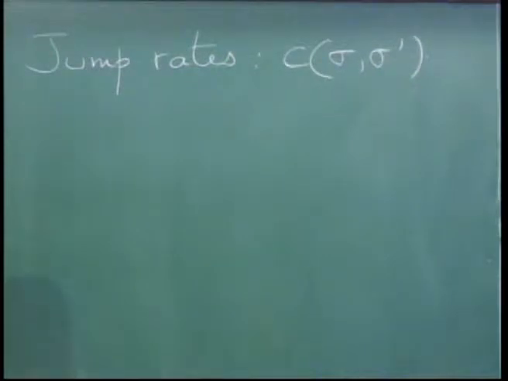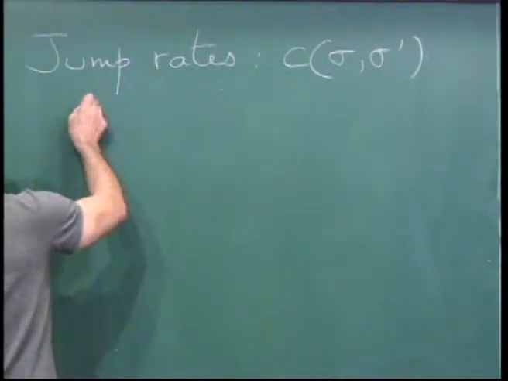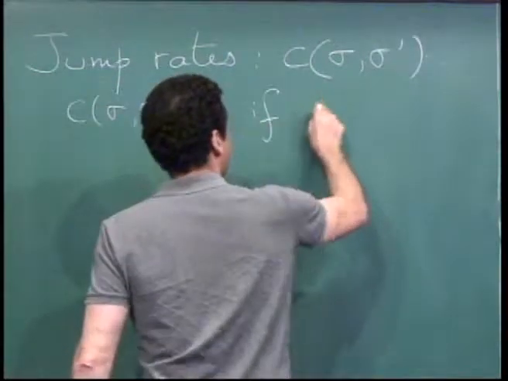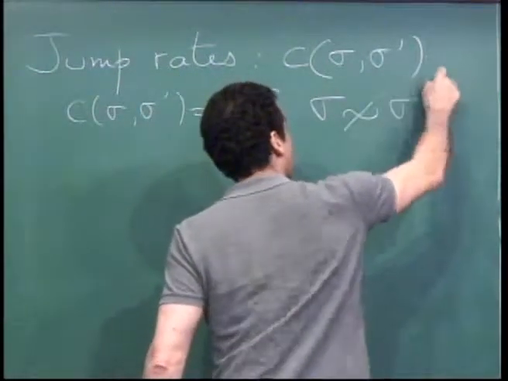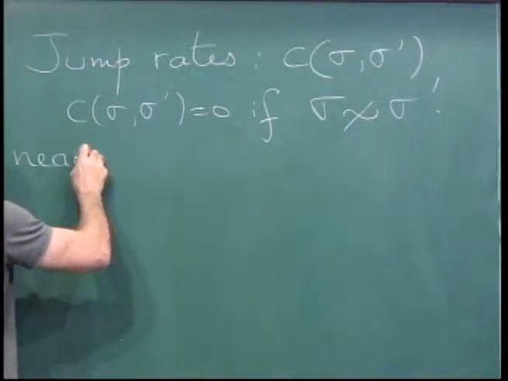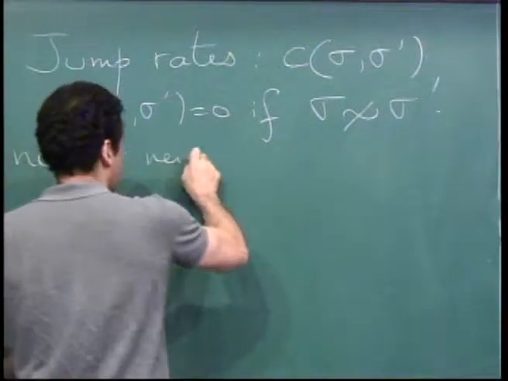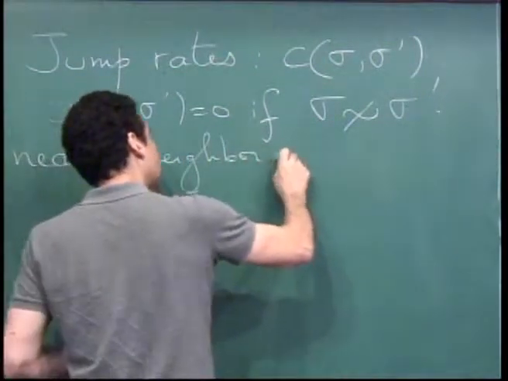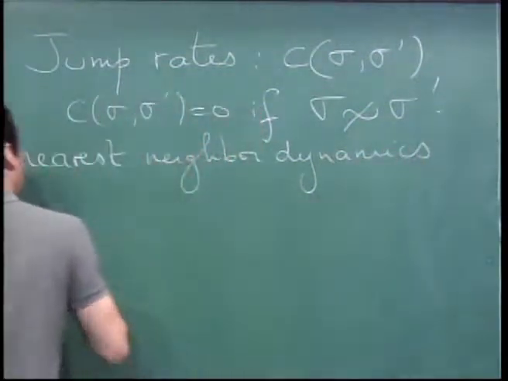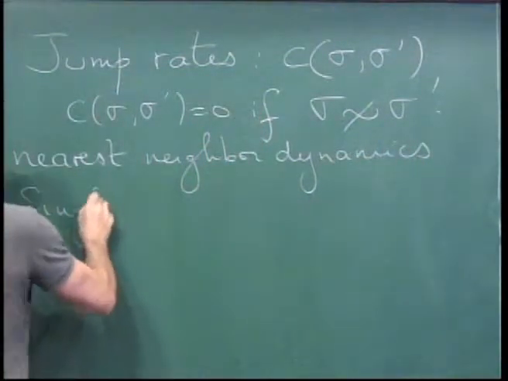Of course, I want C of sigma sigma prime to be 0 if sigma is not a neighbor of sigma prime. So what I'm doing here is nearest neighbor dynamics, or if I look at this on the cube, or said otherwise, it's called a single spin flip.